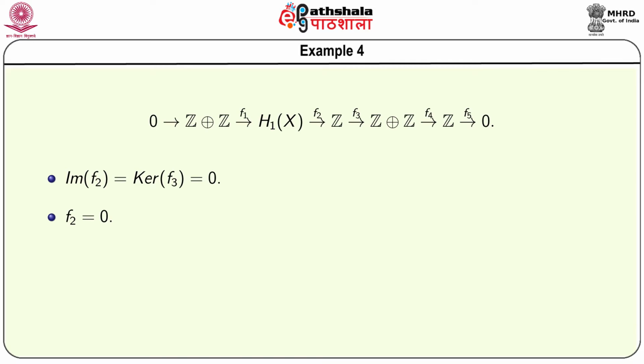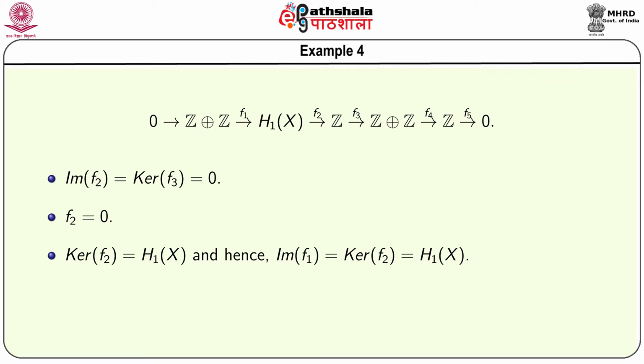Now, when kernel of F3 is trivial, image of F2 is also trivial by exactness, and since image of F2 is trivial, F2 is the trivial homomorphism, the 0 homomorphism, and kernel of F2 becomes H1(X), and hence image of F1 is equal to H1(X).